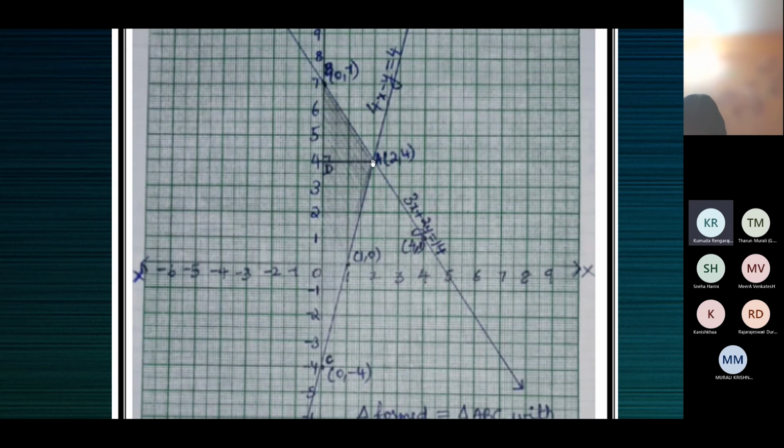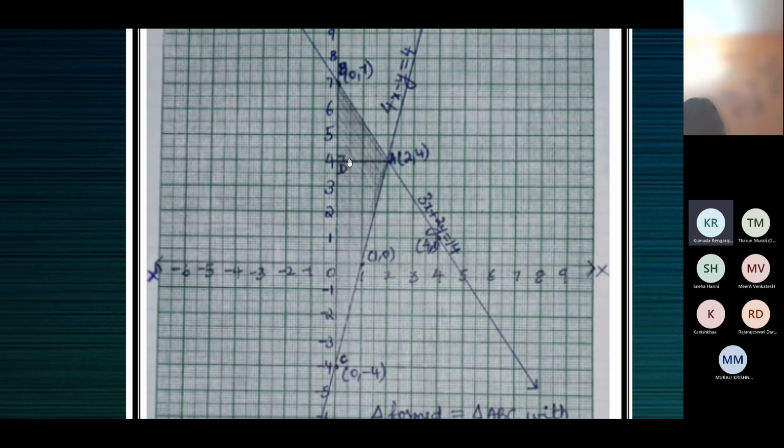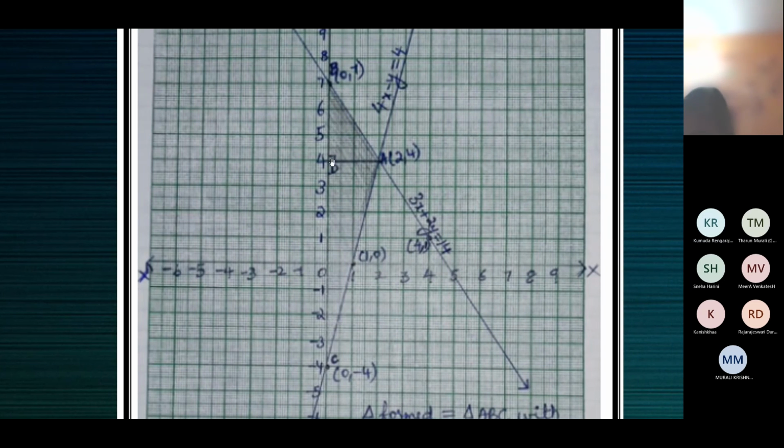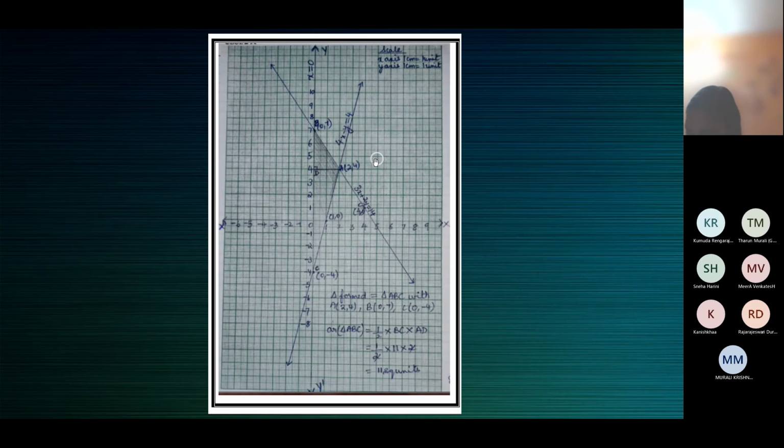You can see the altitude of the triangle here. I've shown the altitude, 2 units. I've marked that perpendicular. This is the altitude, which is 2 units.